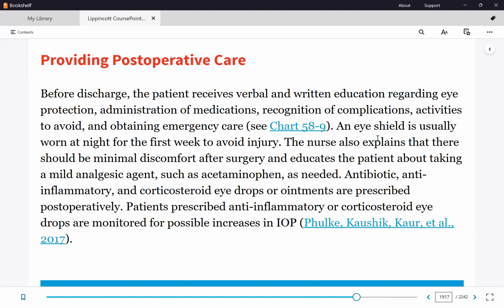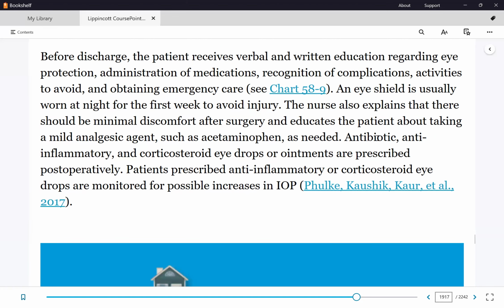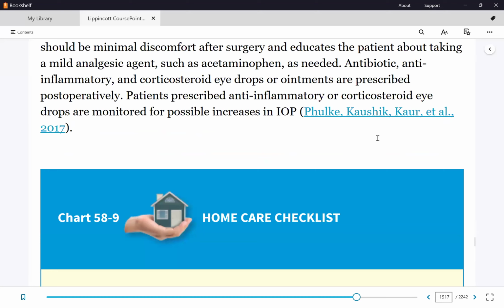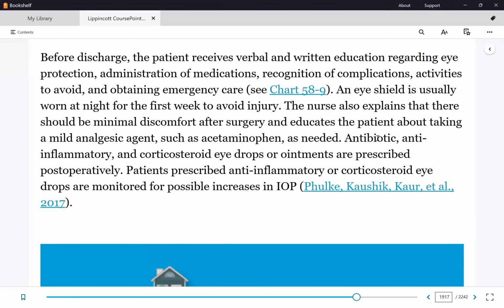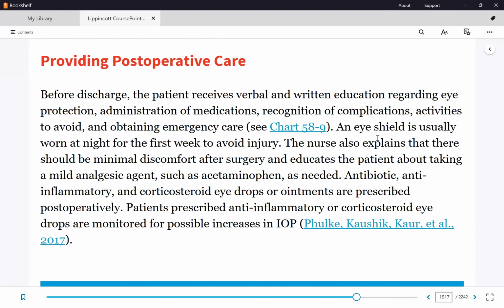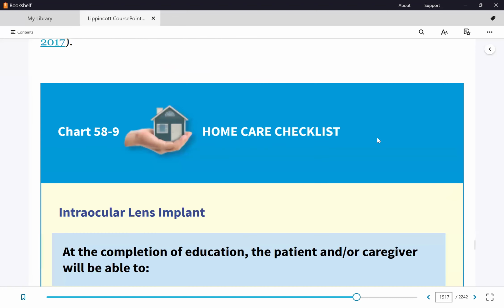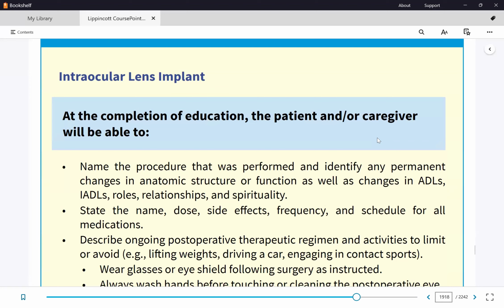Okay, so do we need to teach the patient how to administer eye drops? Yes. So we go back to the chart we had discussed earlier for the steps. Because most likely it will be the caregiver administering the eye drops, right? Or worse, what if the patient lives alone? Then they'll have to learn how to administer their own eye drops. And here's the chart.